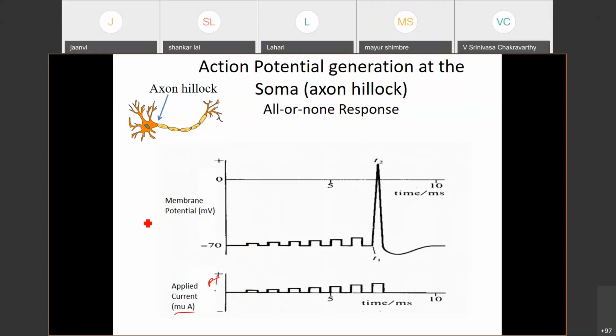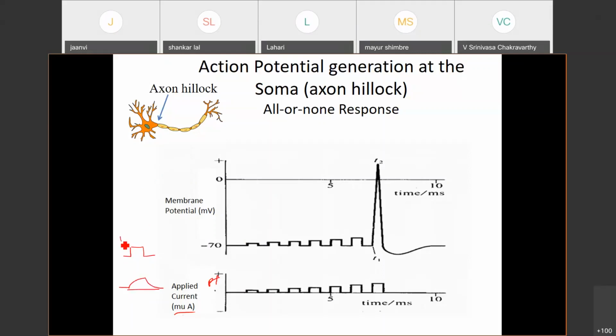We'll see that later, but the membrane of the neuron is like a series of resistances and capacitances. So it's like an RC circuit as a basic approximation. When you give an input current, which is like a pulse, in response to that, the voltage increases exponentially and also falls exponentially. It looks something like this.